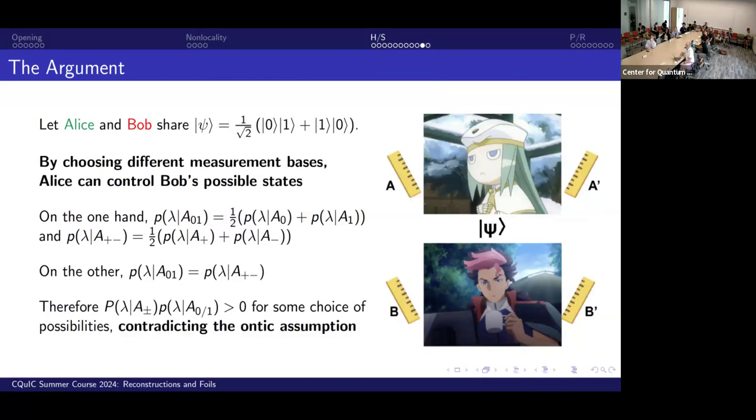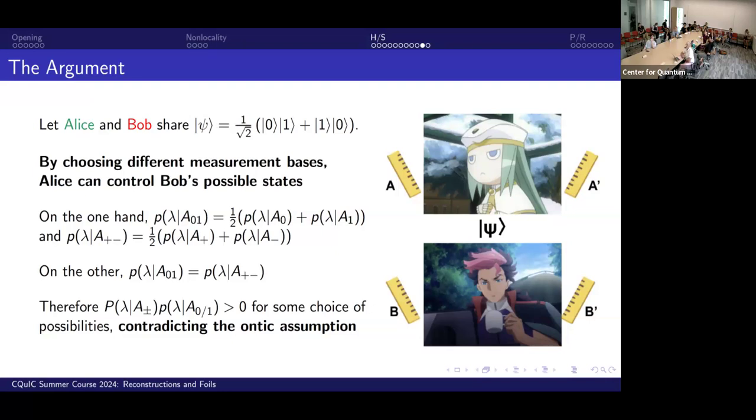Now, I really need to hurry things up, so I'll just say that the key result, when you go through all of this, is that you have this product of probabilities: the probability of ontic state lambda, given that Alice is measuring plus or minus, times the probability of ontic state lambda, given that Alice is measuring 0, 1.